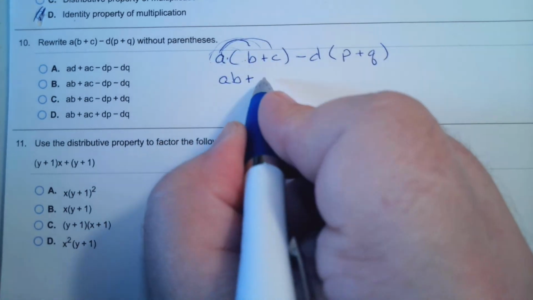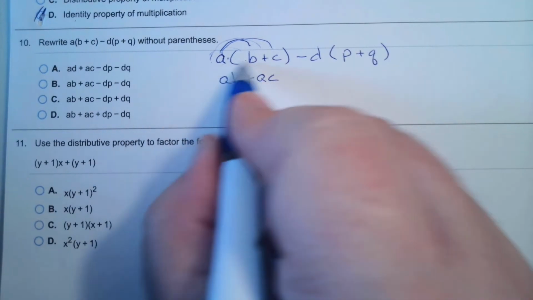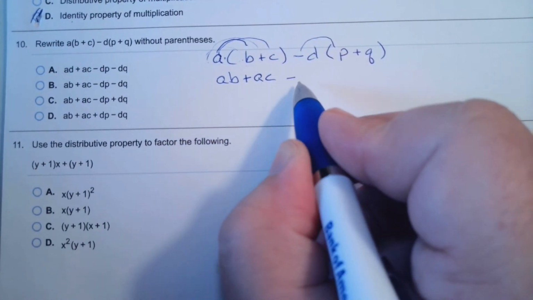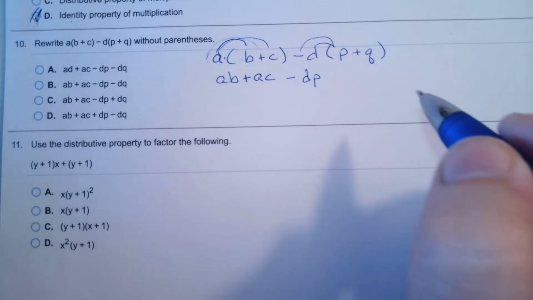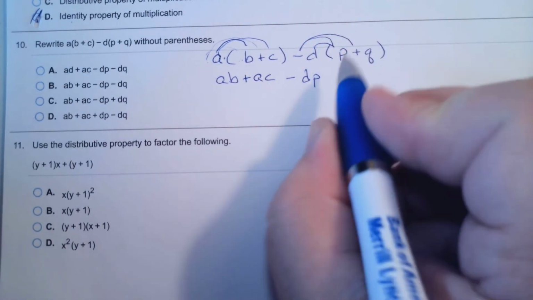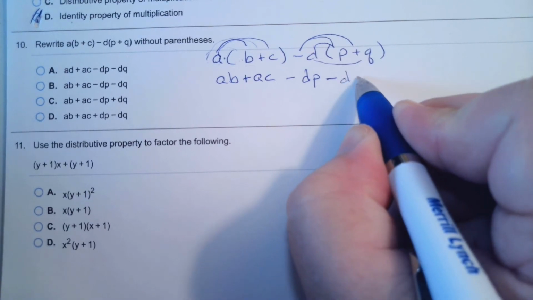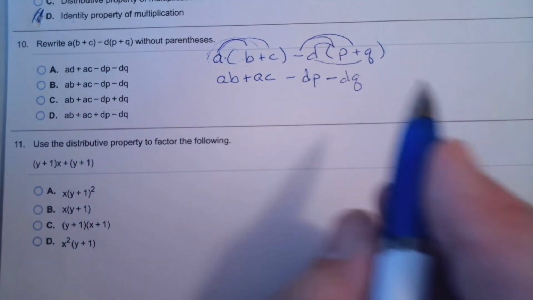A times C is AC. Okay, that does it for that one. Negative times positive is negative. D times P is DP, Dr Pepper, which is what I'm drinking. Negative times positive is negative. D times Q is Dairy Queen, which is where I had dinner last night. So there's my answer.